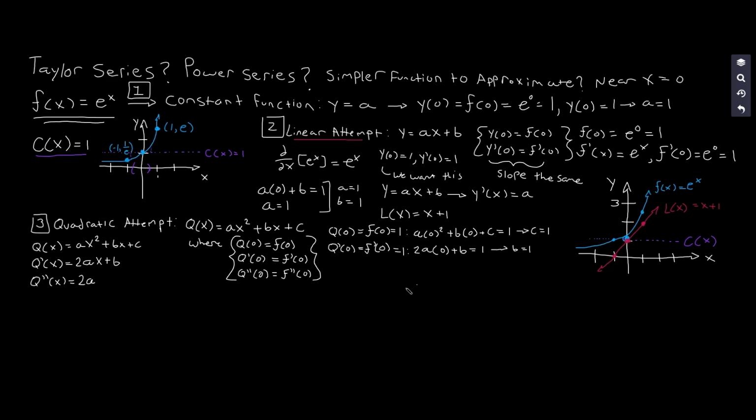And then we'll follow suit here with the second derivative, q double prime of 0 equals f double prime of 0, right? F double prime of 0, and this is going to be 1. And then we could plug in because we found the derivative. We're just going to plug it in here.